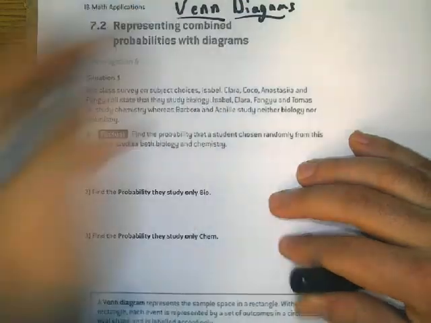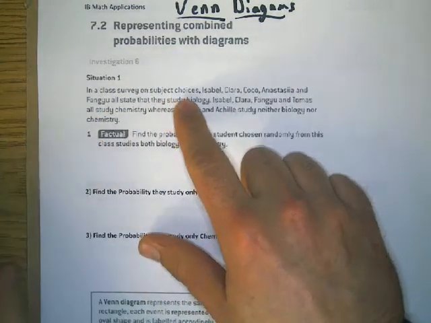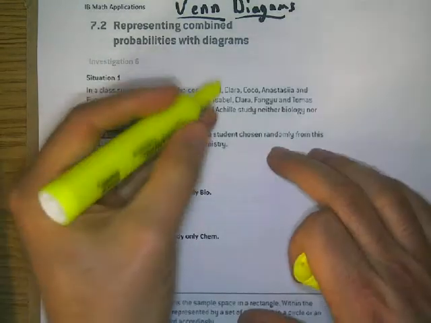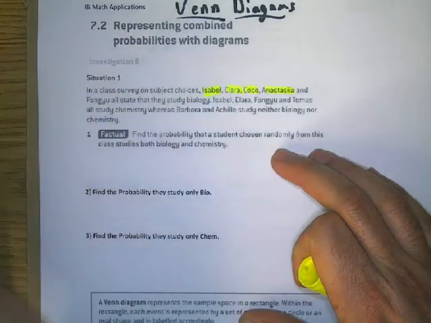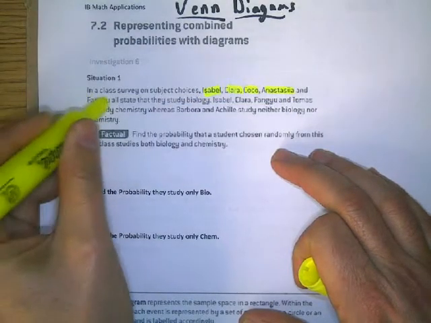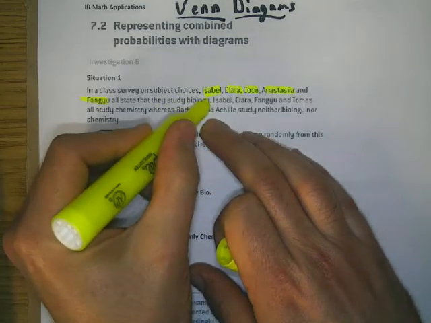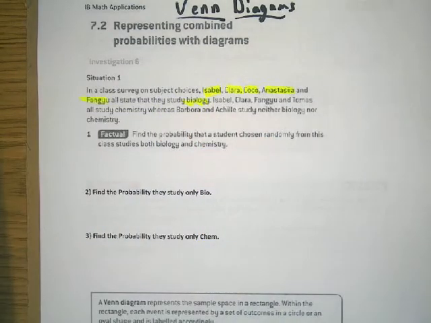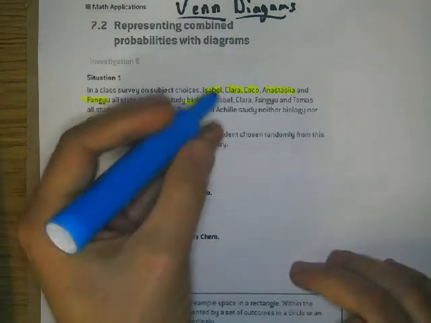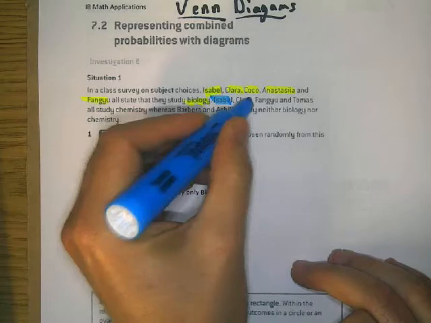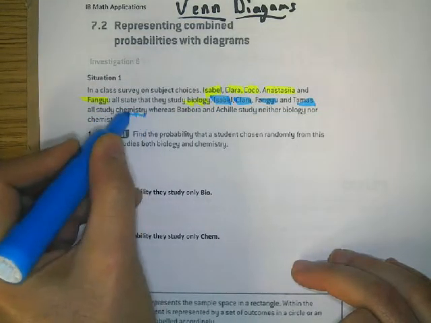But first we're going to do this example. In a class survey on subjects, Isabel, Clara, Coco, Anastasia, and Fangoyu all are studying biology. And over here we've got Isabel, Clara, Fangoyu, Thomas all studying chemistry.